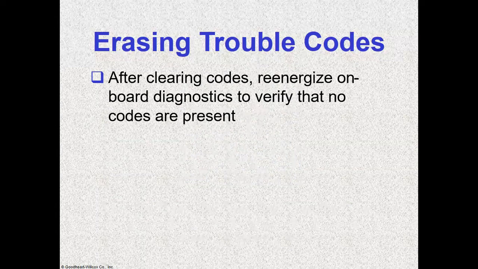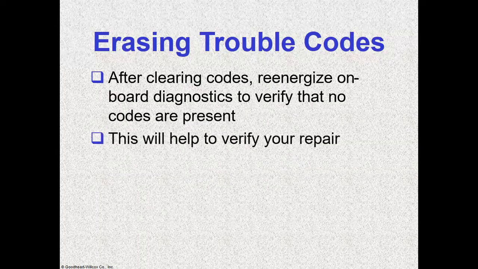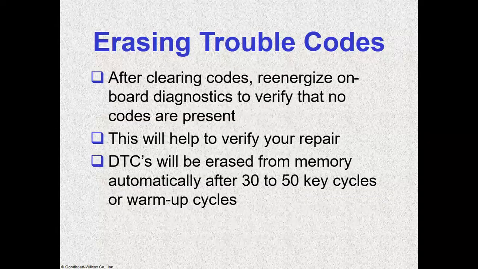All right, so after clearing codes, re-energize the onboard diagnostic to verify that no codes are present. This will help to verify your repair. DTCs will be erased from memory automatically after 30 to 50 key cycles or warm-up cycles.